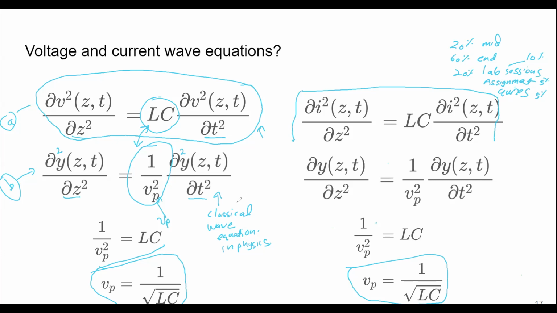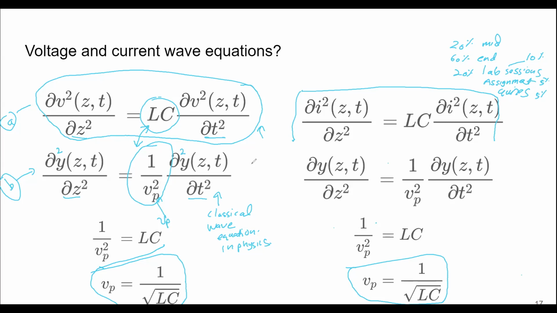Next, we considered lossless transmission lines, which have the resistance and the parallel resistance equal to 0.